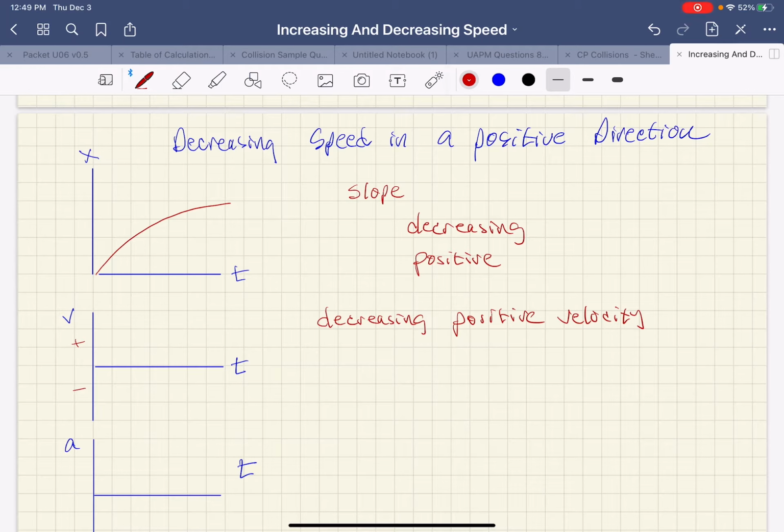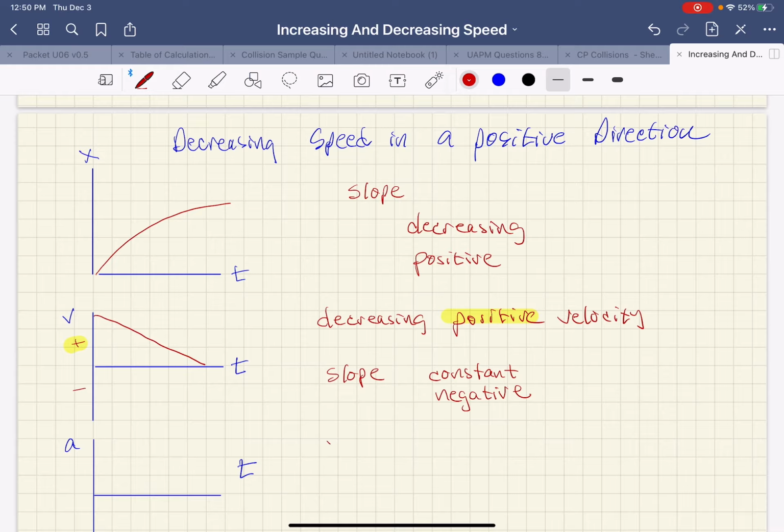So the graph for this one will look like this. It's a positive velocity because it's above 0. It is in the positive part of my velocity graph. All right, when I look at the slope of this, I see that the slope is constant, but this slope is negative.